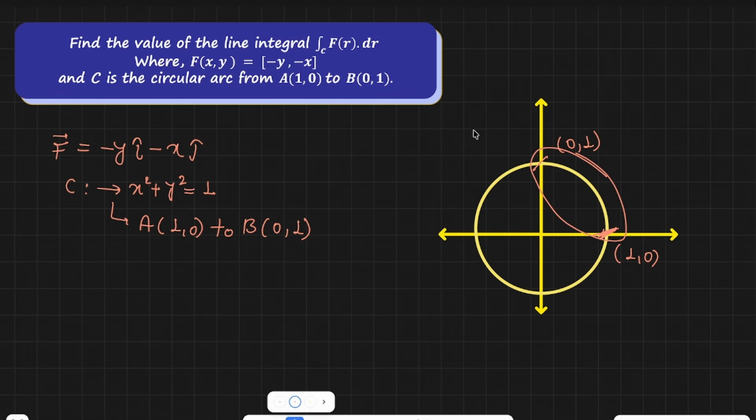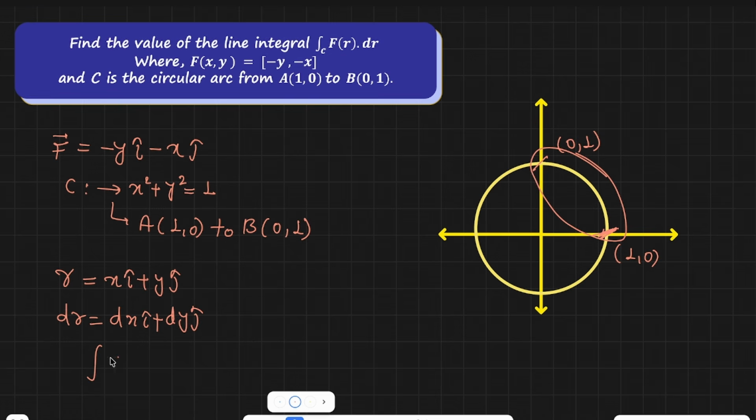How to find out? In this case, whenever a circle is given and you have to convert into the parametric form, I will give you the concept. Okay, F dot dr. Now here, what is the dr? Again the concept is for the dr. So r is basically x i cap plus y j cap, then dr is basically dx i cap plus dy j cap.